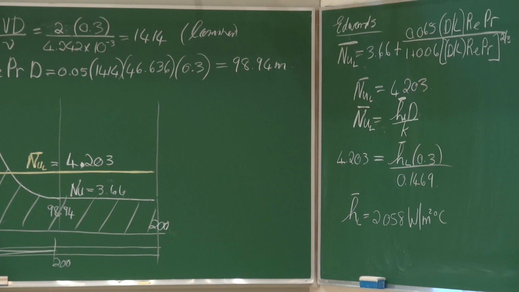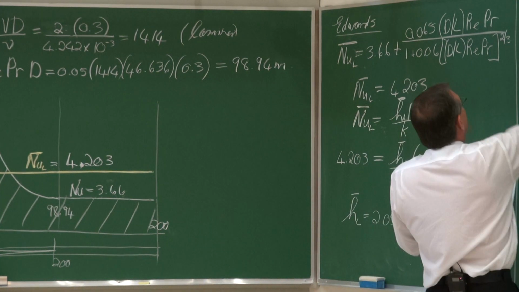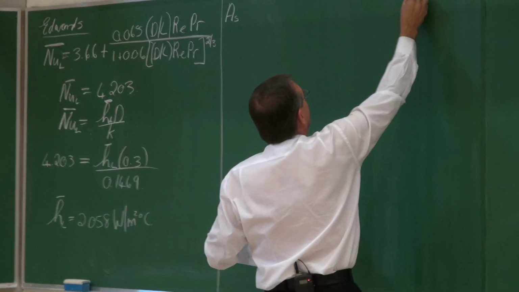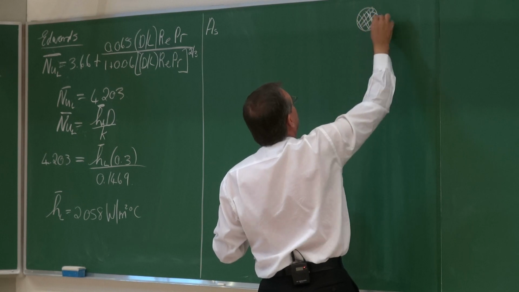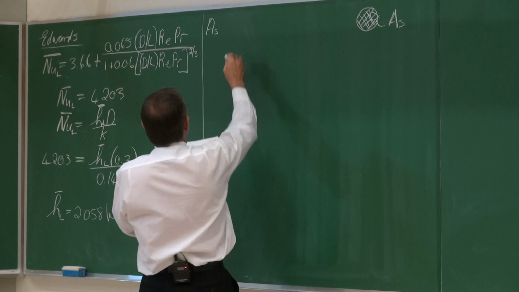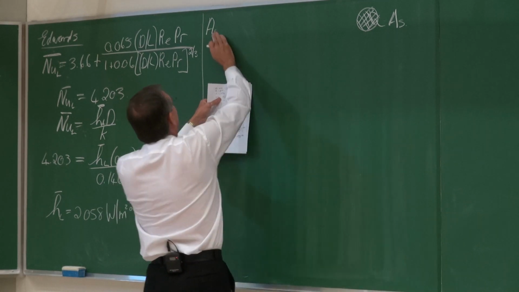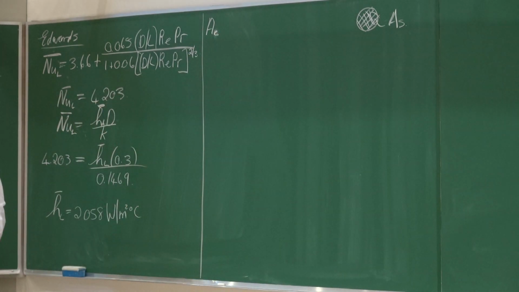Okay. Now, just in anticipation of a few things that we're going to calculate, just for convenience, let's calculate the cross-sectional area of the tube. Sorry, let's use a C for that. C for cross-sectional area.